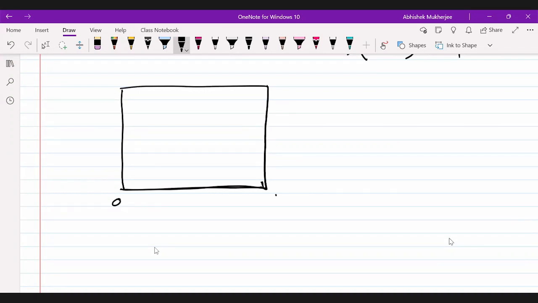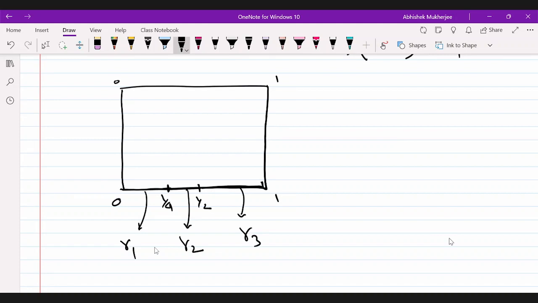So 0, 1, let us make it 0, 1. So this is your 1 by 4. This is half. And then this part will be occupied by gamma 1, this part will be occupied by gamma 2, and this part will be occupied by gamma 3.